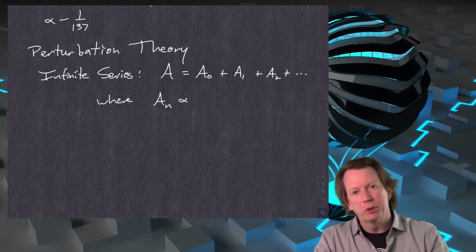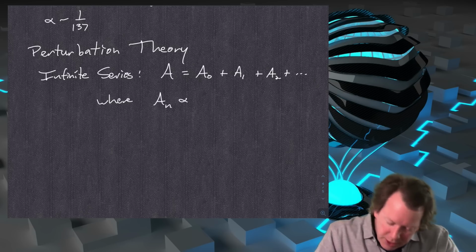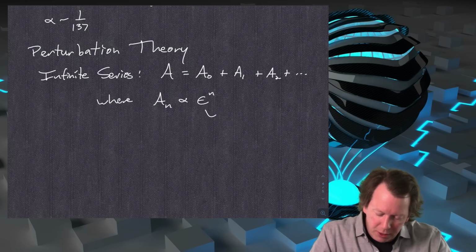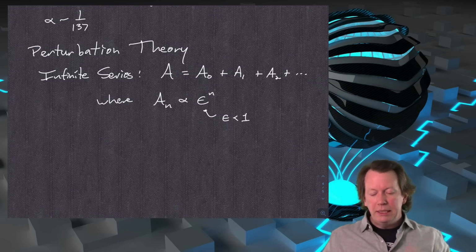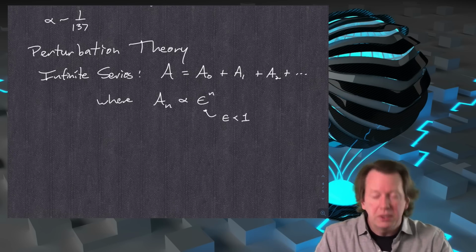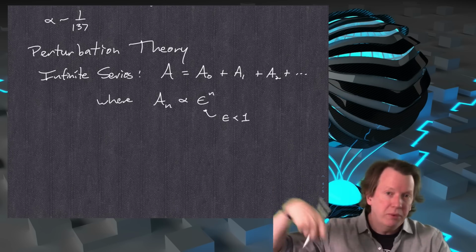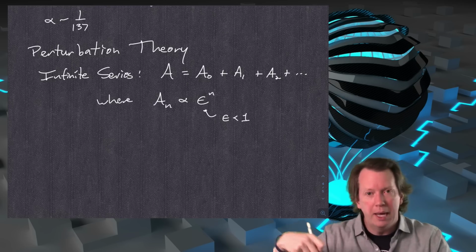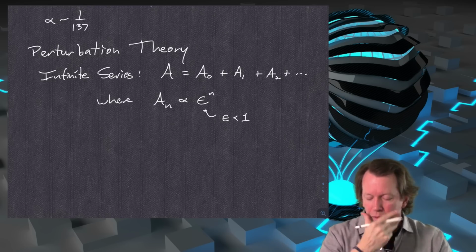It's terrible that the proportionality sign looks like an alpha. So I'm going to say some other number epsilon to the power n, some small number epsilon. Epsilon is less than 1. So this general feature is that all of the terms in the series are smaller than the previous terms because they're proportional to epsilon to some power, and epsilon is a small number.